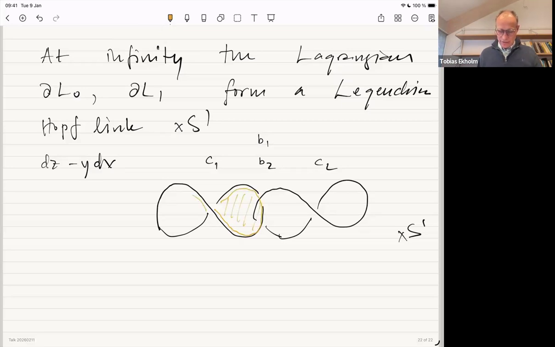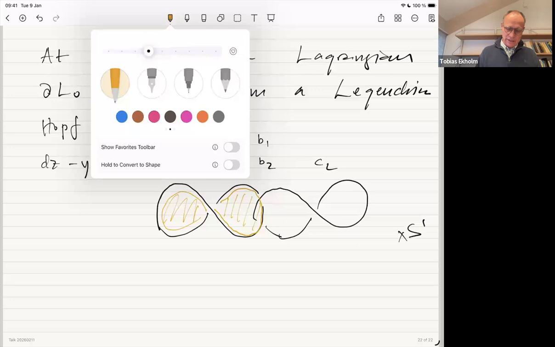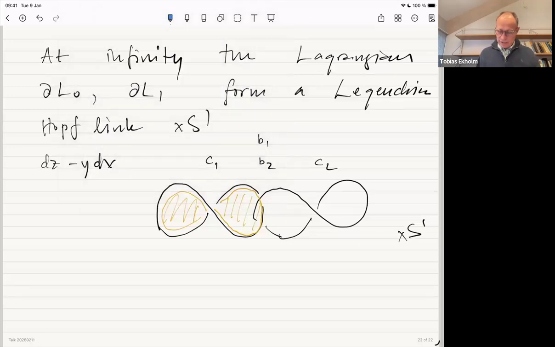And then you have this curve, there's another disk, and then you have two triangles, and I'm going to draw one on the other side in blue here. So this is the triangle which goes down, jumps over here.